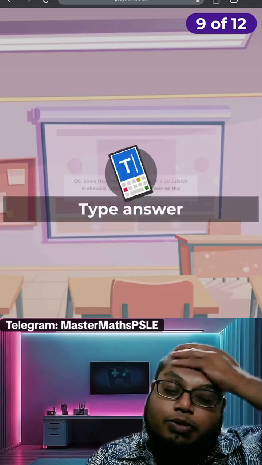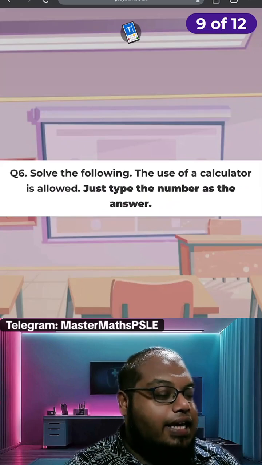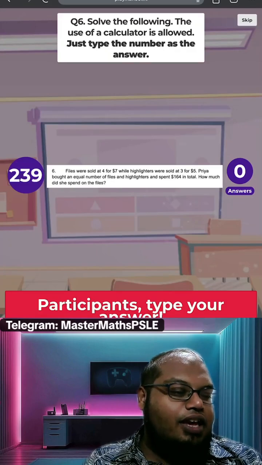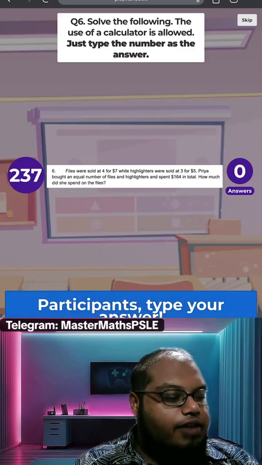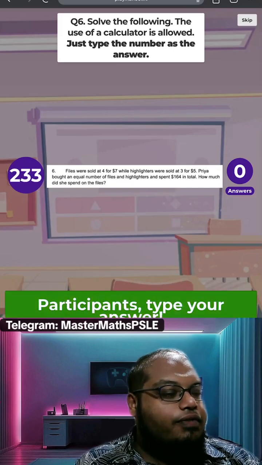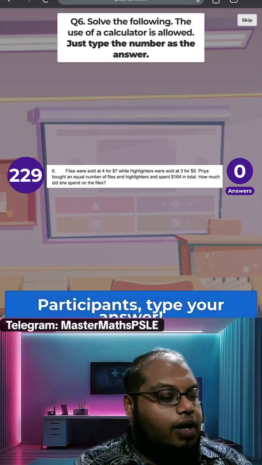Okay, now the next question. Also the same, type the number as the answer. Files were sold at 4 for $7 and highlighters were sold at 3 for $5. Priya bought an equal number of files and highlighters.